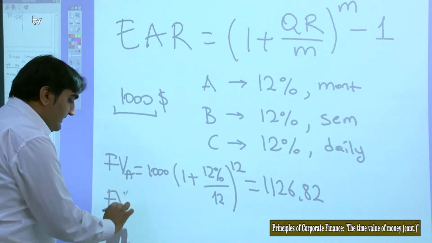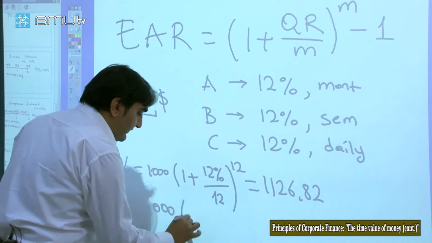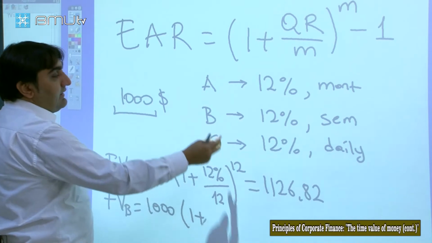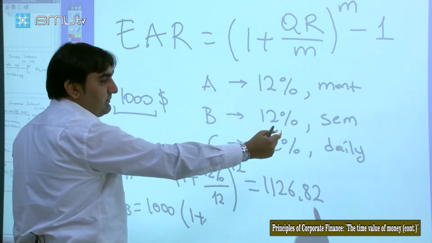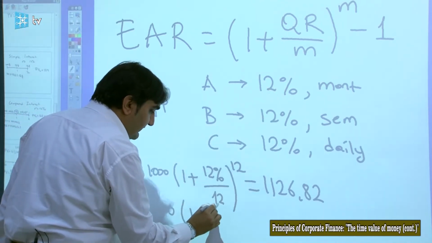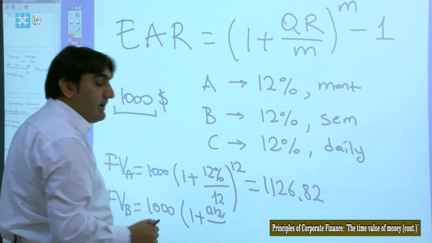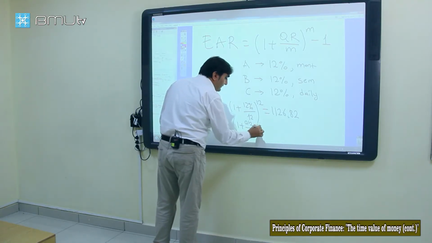Option B is $1,000 times 1 plus the quoted 12%, but compounded in semi-annual periods. So 12% divided by how many semi-annual periods do we have in a year? That's 2, to the power of 2.